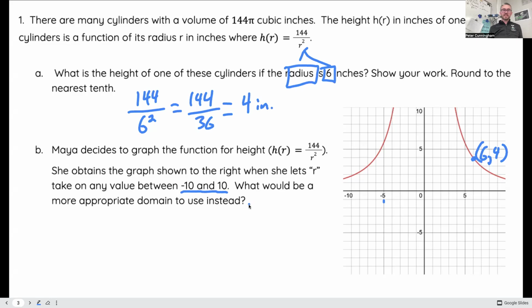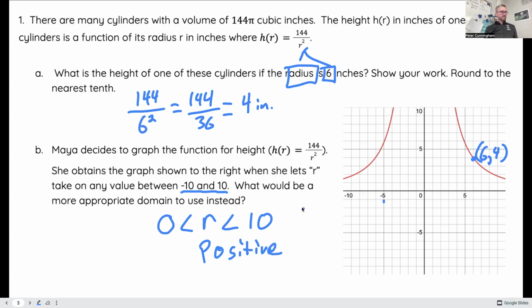So a more realistic domain here would be positive numbers, that is numbers greater than 0. So we would have a radius that is greater than 0. And let's narrow the window into 10. So what we're really emphasizing here is that these numbers would need to be positive numbers.